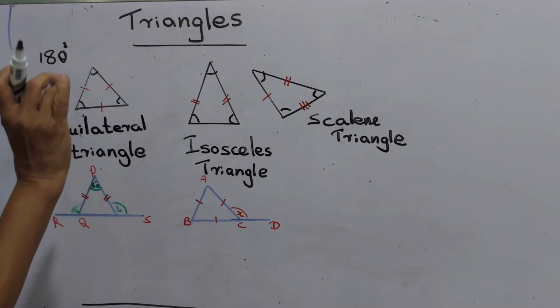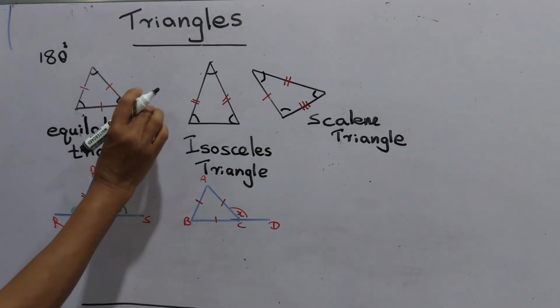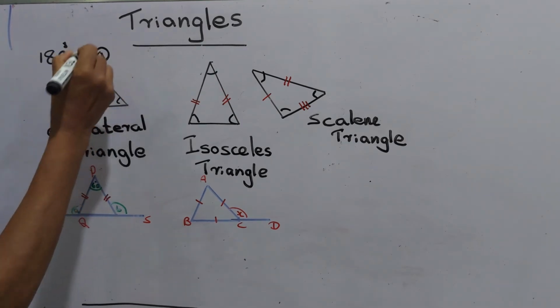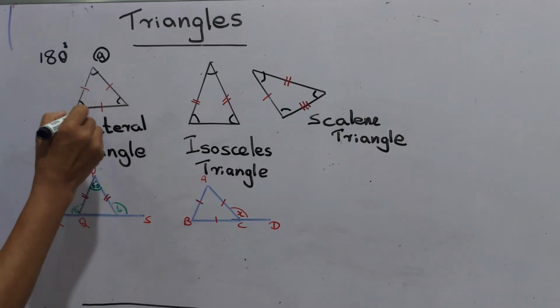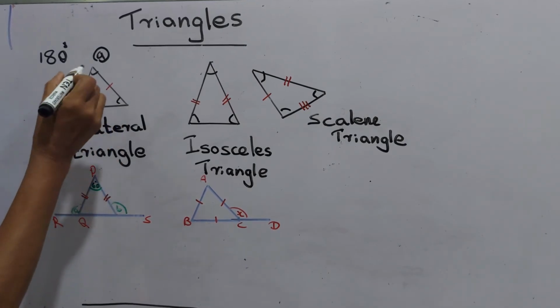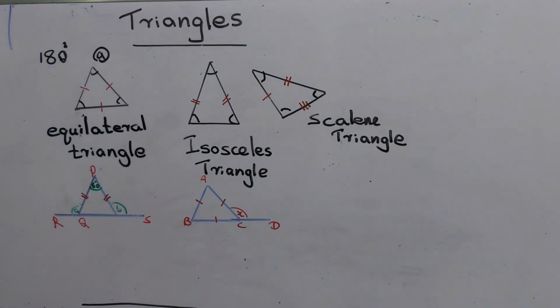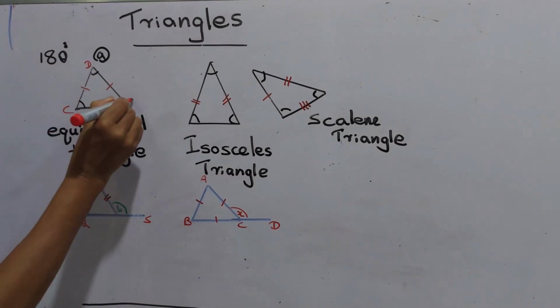We can classify triangles by the length of the sides. Look at the first figure, A. In this triangle, all three sides are equal in length. We name the triangle DCE.